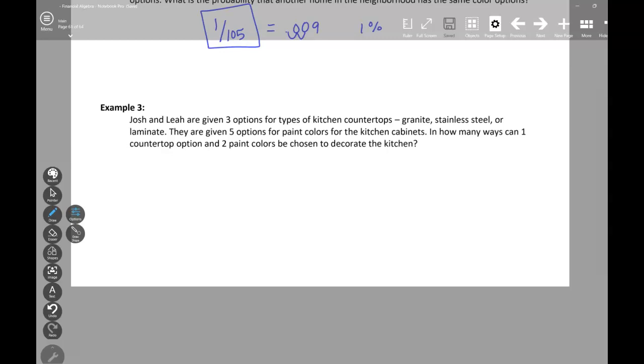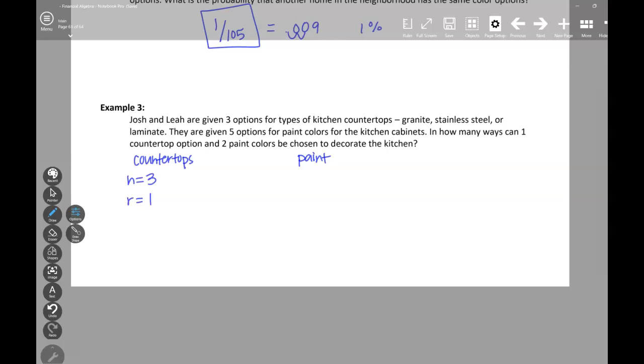So we're talking about 2 different things. What 2 different things are we talking about? Yeah, we have countertops, and then we have paint. So we have 2 combinations. What is the overall number of options for countertops? 3 total options I have. And how many do I get to pick? 1.